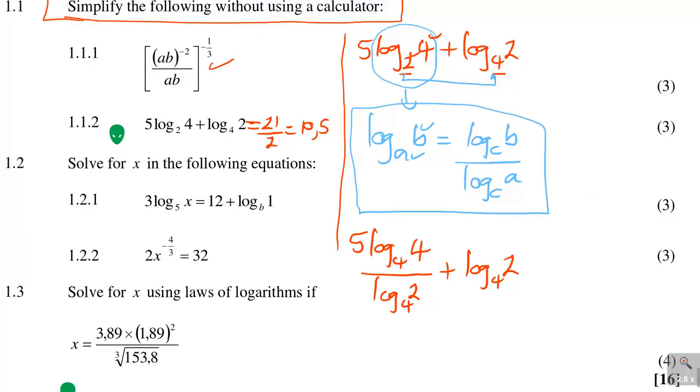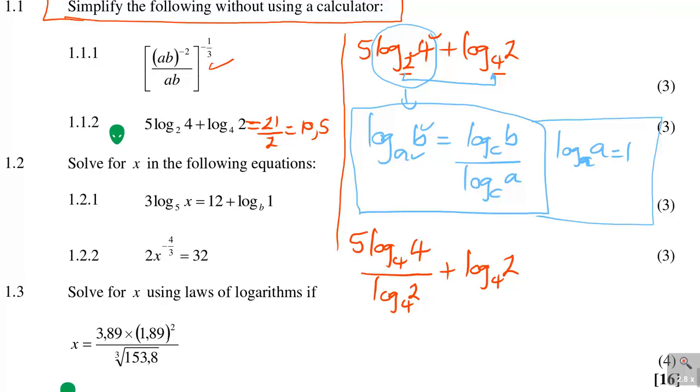Also, the next rule of log here says log base a of a is equal to 1. So if the base and the number are matching, you get a 1. So that's what we're having here. Look at this, 4 and 4, log base 4 of 4, that will give us a 1.